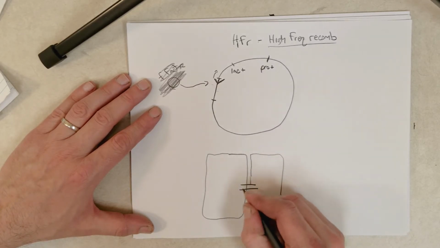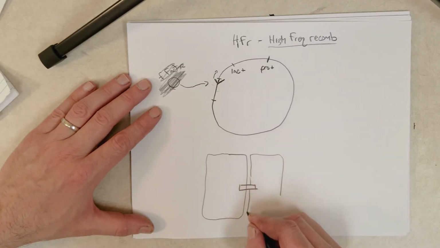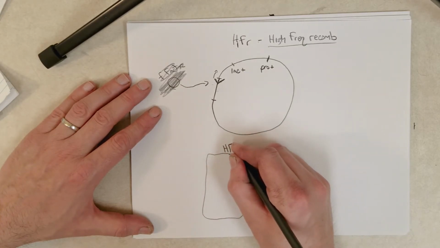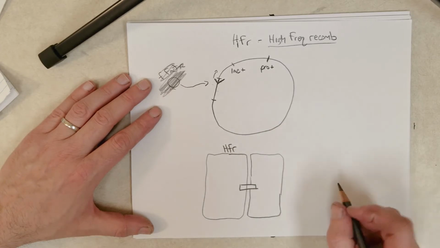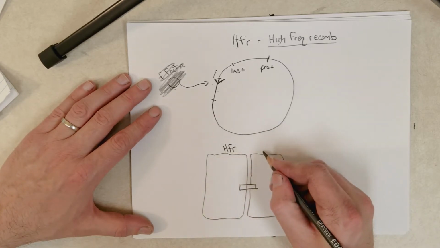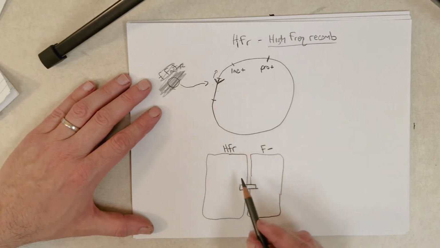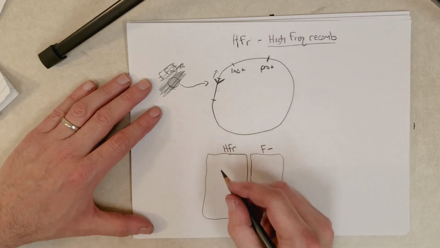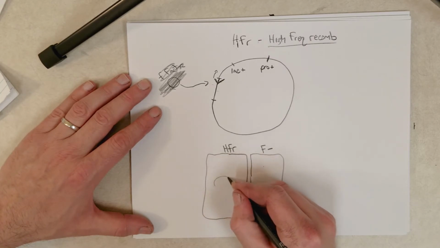We have the conjugation tube. This is the Hfr cell, no longer calling it F plus, now it's Hfr. This is the F minus, so the DNA is going to go from the Hfr to the F minus strain. Here is the chromosome.